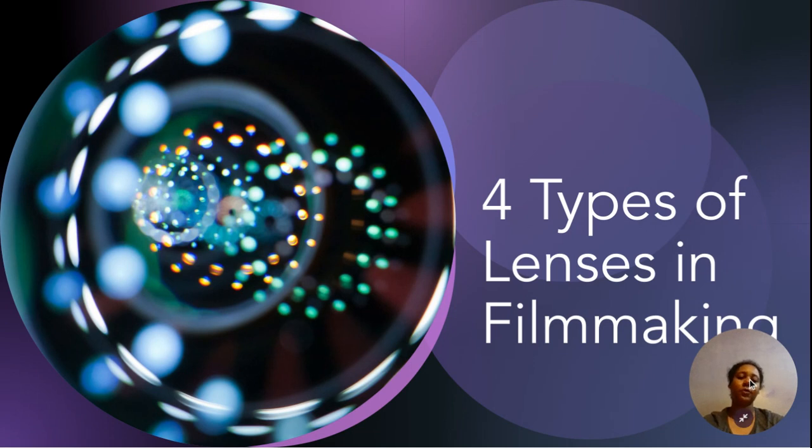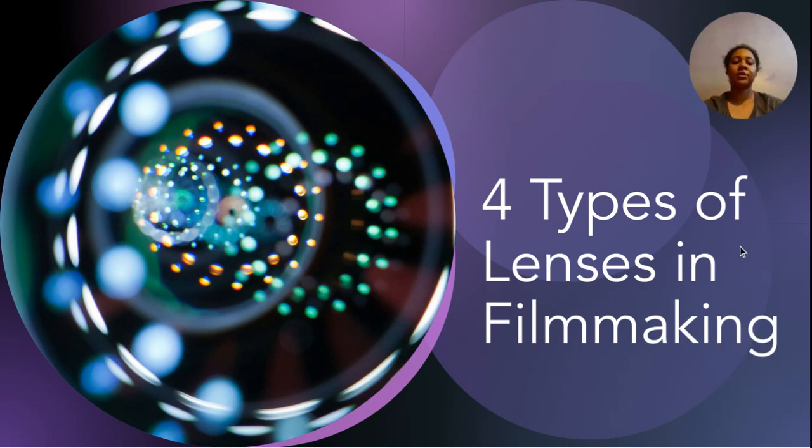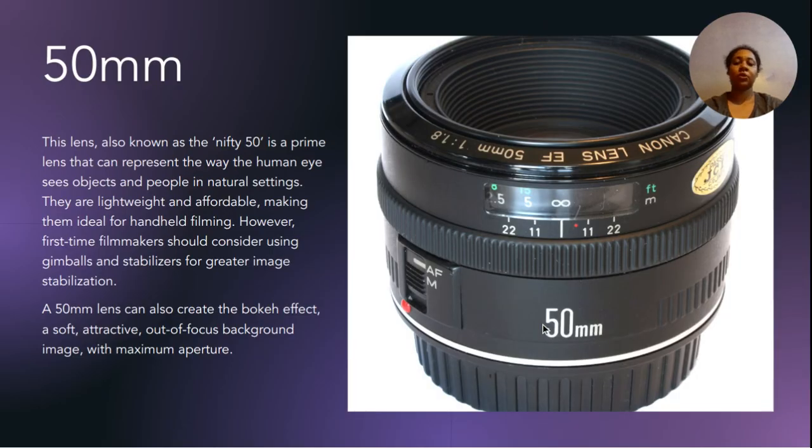So there's 4 types of lenses used in filmmaking. The 50mm lens, or Nifty 50 as it's known, is a prime lens that represents how the human eye sees different images and objects in a natural setting.